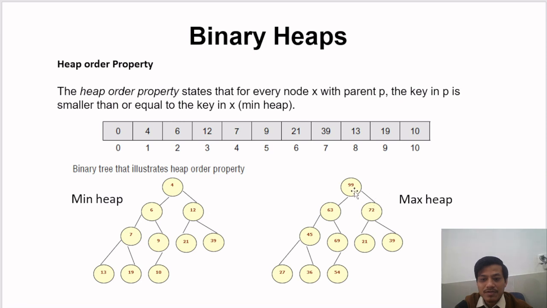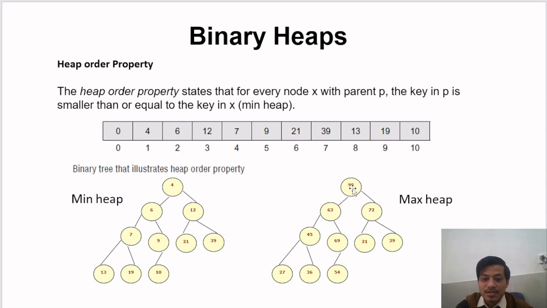In this max heap, the root element will have the highest value, which means the priority of the root element will be highest here, and in the min heap the priority of the root element will be lowest. In some applications, if we want to process the lowest priority element first, then we should go with the min heap data structure, and if we want to process the highest priority, then we should go with the max heap.